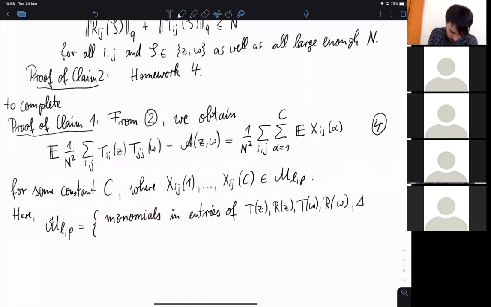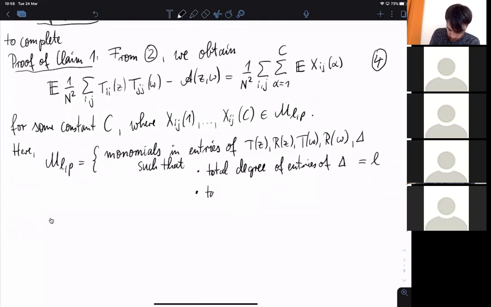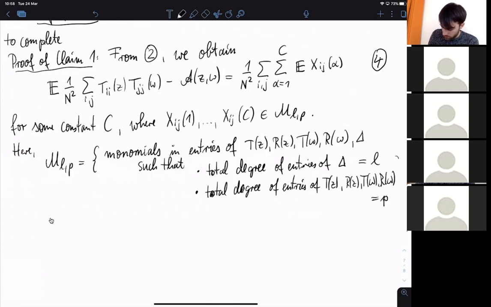And there are a few conditions. That's where the L and the P come in, such that the total degree of the entries of delta equals L, and the total degree of the entries of all of the others, the entries of TZ, RZ, TW, RW, is equal to P. And then this is the whole set.